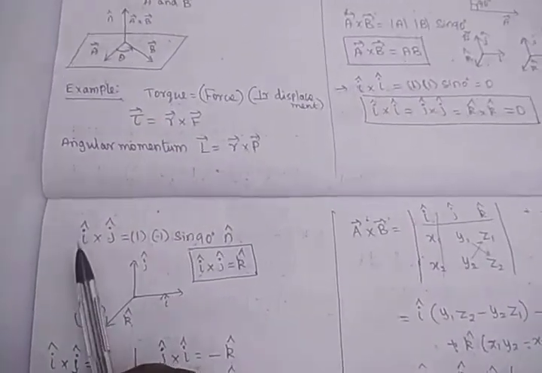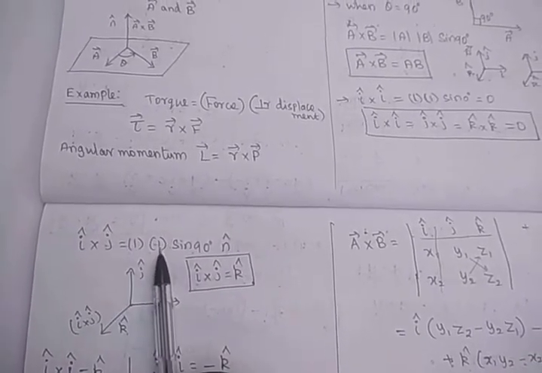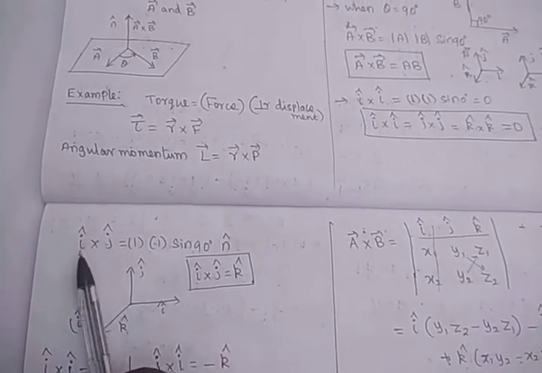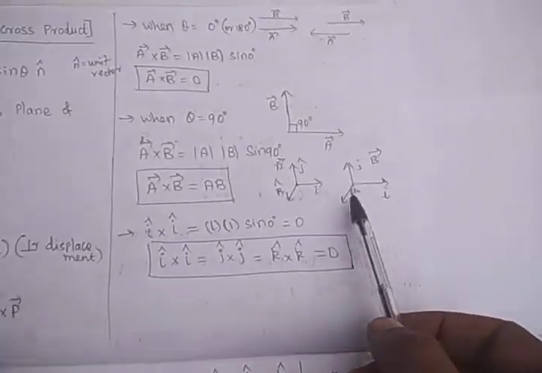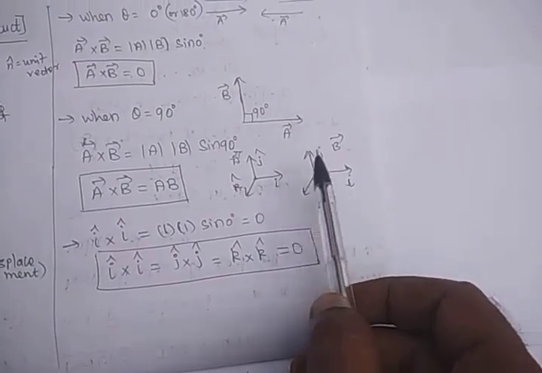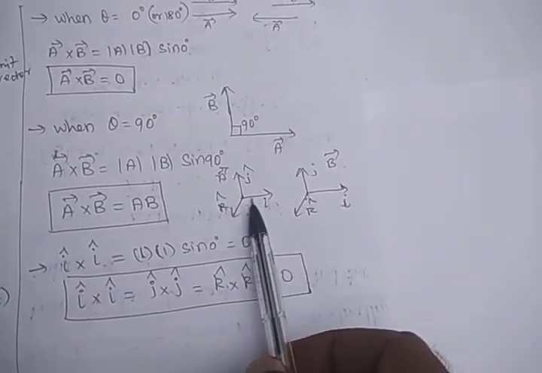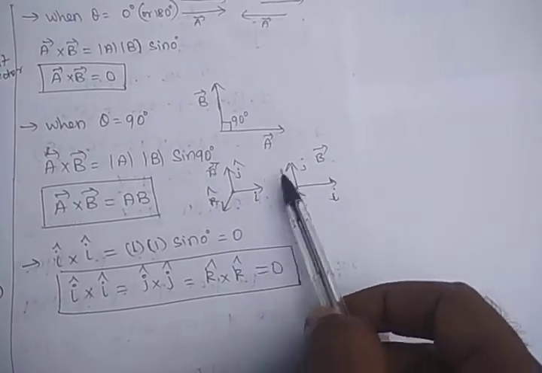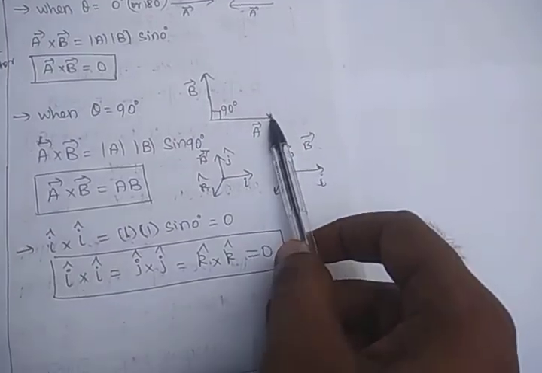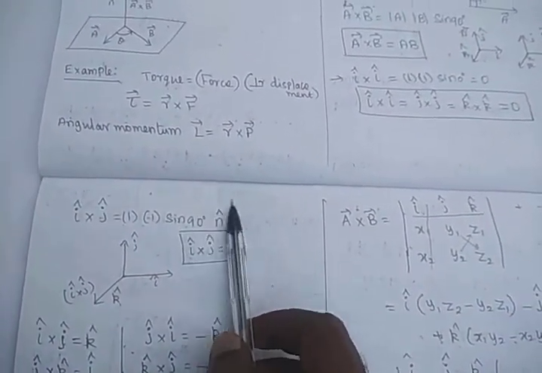Then what will happen, sir, when i and j are multiplied? So unit vectors i and j are multiplied, means modulus of i and modulus of j. The magnitude of i and j is 1 and 1, and the angle between i and j is 90 degree. For the a vector i and for the b vector j, we are taking a cross product. This is in the x-axis, this is in the y-axis. So the angle is 90 degree into n cap. What is this n cap?